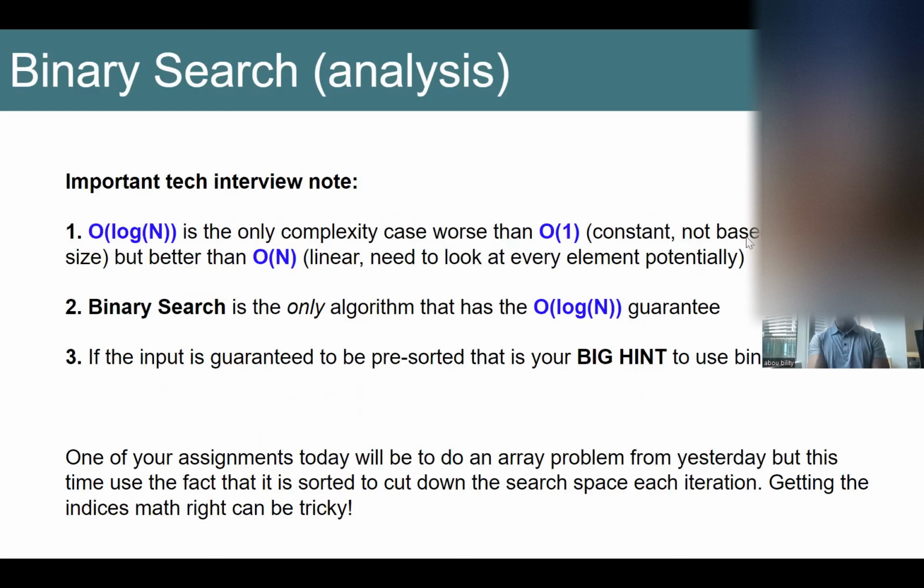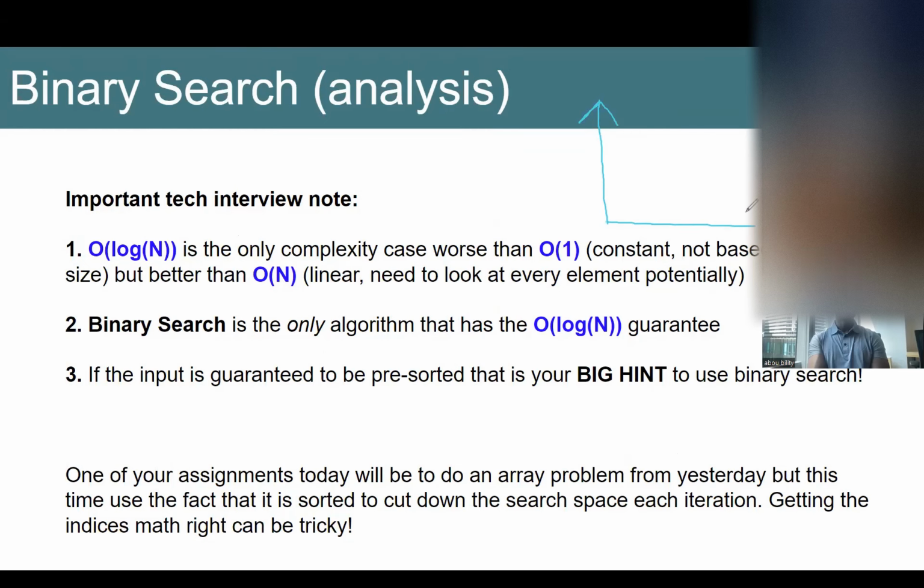So, important notes for interviews, because this is going to come up. Time complexity is something they love to talk about in interviews, which is, again, why we're spending a lot of time on it tomorrow. So O log n is the only complexity case worse than constant. What on earth do I mean by a constant time complexity? Let me try drawing a graph here real quick.